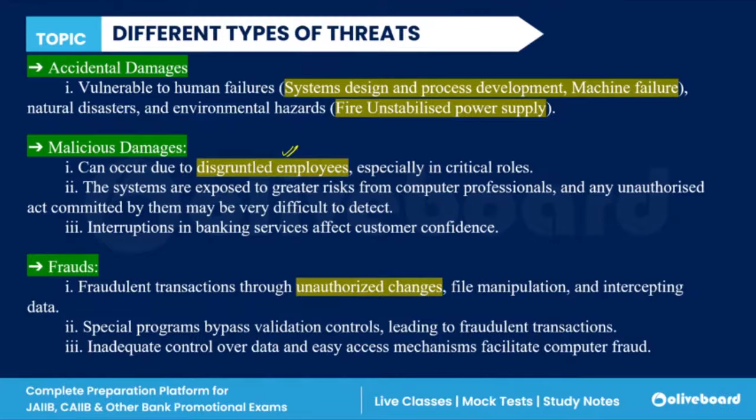So these are the different types of frauds that can happen in a working environment. So frauds can happen, malicious damage can happen, accidental damages can happen, which are the different types of threats we see in different environments, in the banking environment as well as the normal environment. So these are all the different types of threats we are seeing in the environment, right?